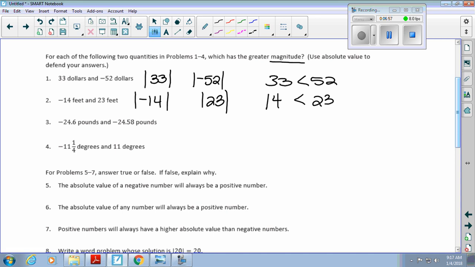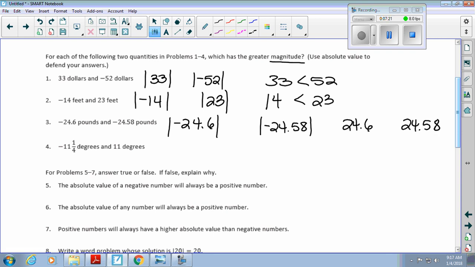So we're comparing 24 and 6/10 compared to negative 24 and 58 hundredths pounds. So again, absolute value of this compared to the absolute value of this. We're going to just take away the negative signs. So 24.6, 24.58.